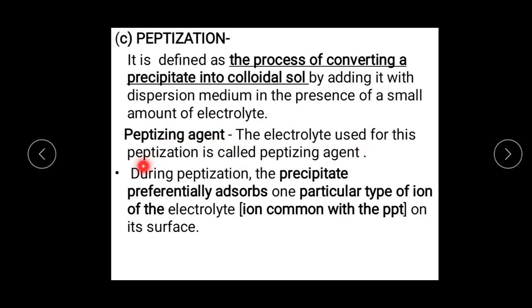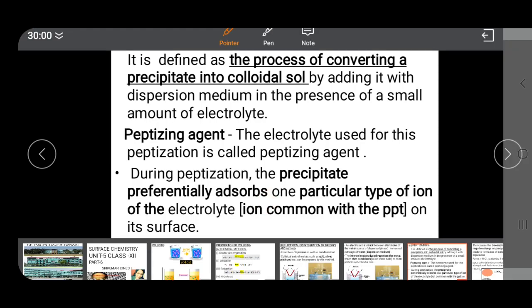During peptization, there is a special phenomenon occurring, that is preferential adsorption. During the process of preferential adsorption, a common ion gets adsorbed on the surface of the precipitate. Now how it is done, we'll see.